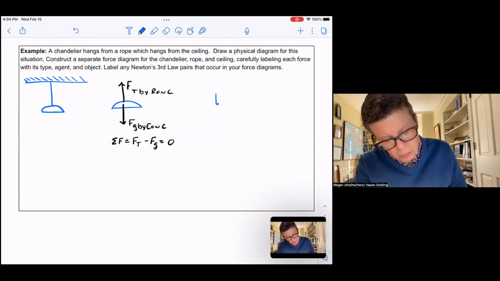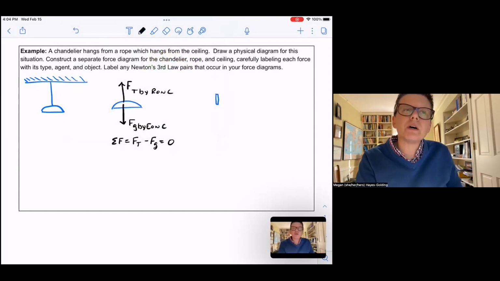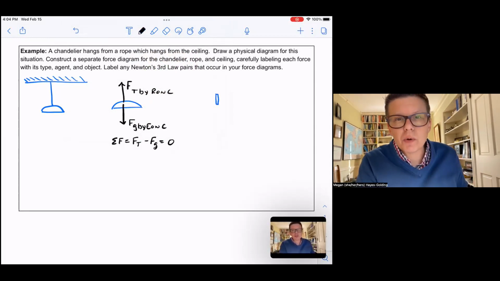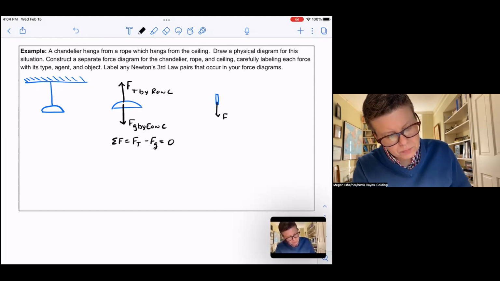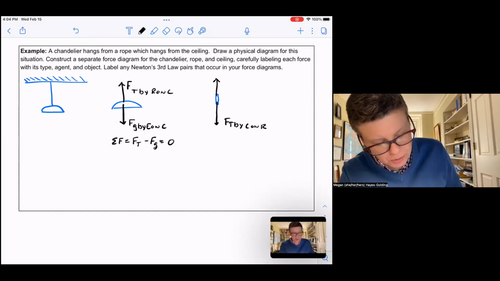So now I've got a rope here. We'll just draw like a little section of it. So the rope itself. So there is a downwards tension on the rope by the chandelier. And there is an upwards tension by the ceiling on the rope.